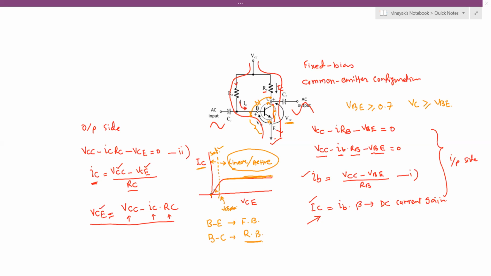This region is your cutoff region, where only a leakage current can flow through the transistor, but you cannot use it as an active device for performing any operation. So we've seen how to apply the KVL and KCL to this transistor circuit, and we are able to calculate the values of the currents and the voltages of this fixed bias common emitter NPN BJT circuit.